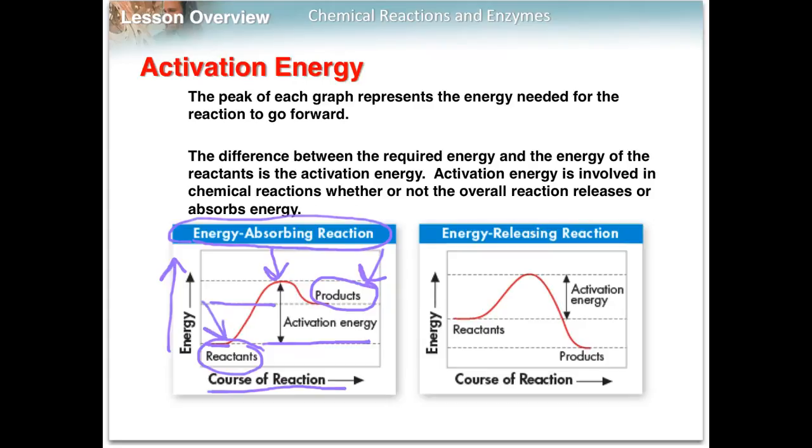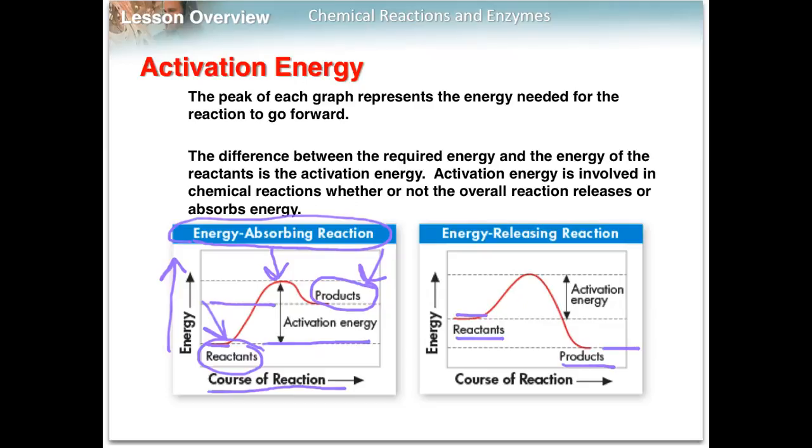Now, on the other side of this story, if we look at the energy of the reactants and compare that to the energy of the products, you can see that our products, in this case, do not have as much energy as our reactants did originally. And so in this case, this is the initial amount of energy in our reactants, and this is the amount in our products.